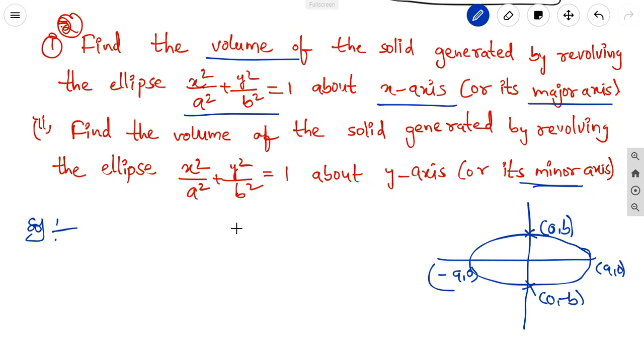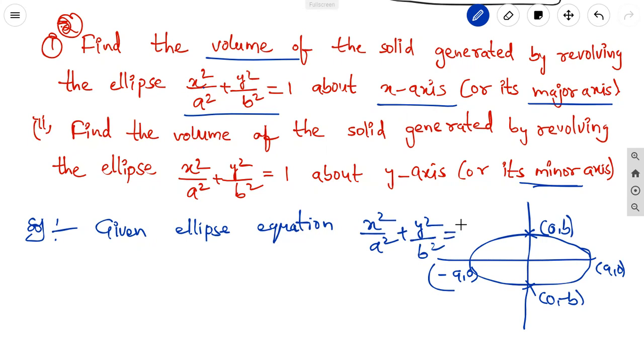Now we can find out the volume. So first we can take the given ellipse equation, x square by a square plus y square by b square equal to 1. In the first case, what we can find out?